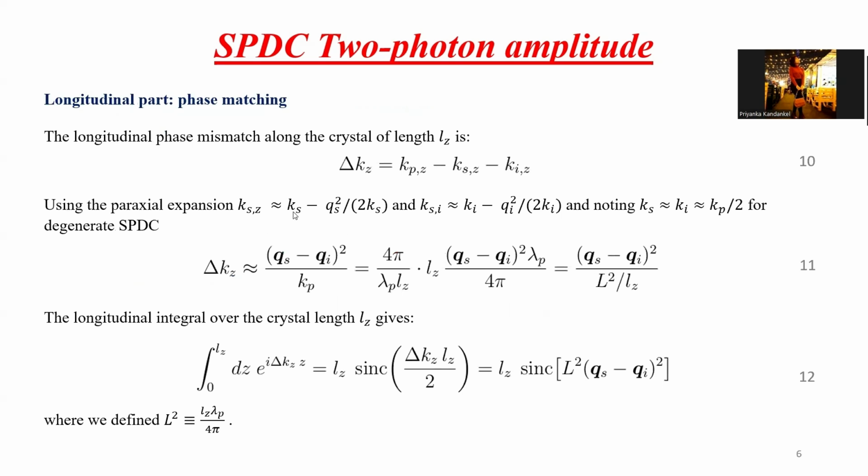And the longitudinal part integrates over the crystal length Lz, which gives the sinc function, where the phase mismatch delta kz depends on ks minus ki. That is equation 12, where L squared is defined as Lz lambda p by 4 pi, where Lz is the length of the crystal and lambda p is the wavelength of the pump photon.